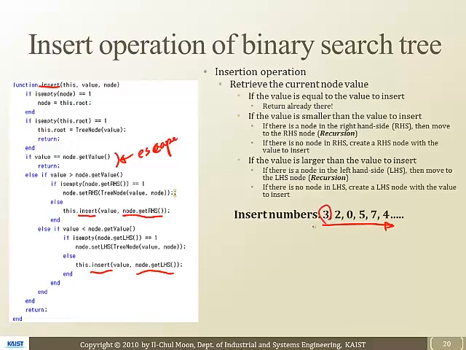Let's insert 3, and we don't have a root yet, so we put 3 at the root, with an empty left-hand side and an empty right-hand side. Then we have to insert 2, and it's only accessible through the root, so we hit the 3 first, and then we have 2.